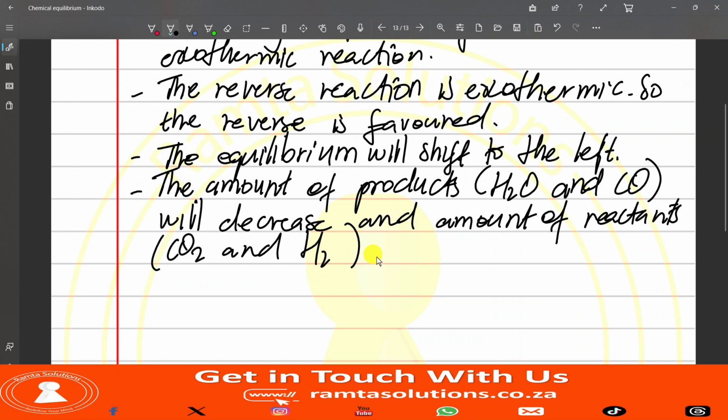Carbon dioxide and hydrogen will increase. So this is the effect of temperature on the equilibrium position. Right? So using Le Chatelier's principle, this is how we answer these questions.